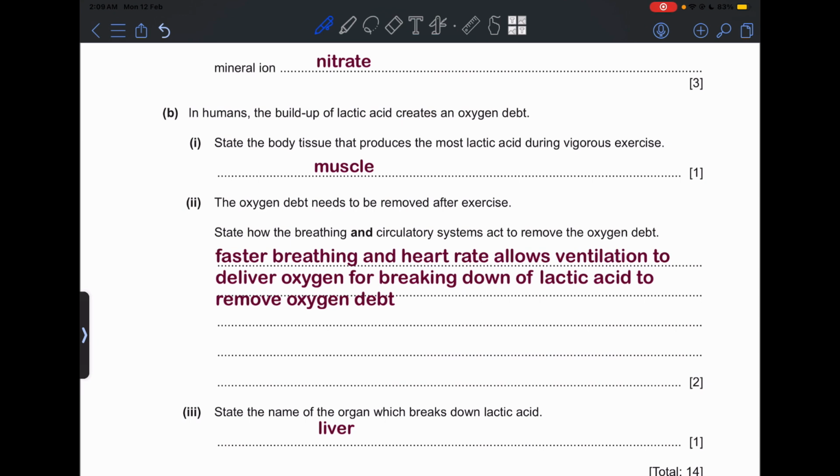This is because of the buildup of lactic acid. So your body needs to remove it because it is toxic. How will your body remove it? It is by faster breathing and heart rate. This allows more oxygen to be delivered rapidly, so that there is oxygen for respiration to break down lactic acid, and a faster heart rate makes the blood flow faster so that the blood can move to the liver.